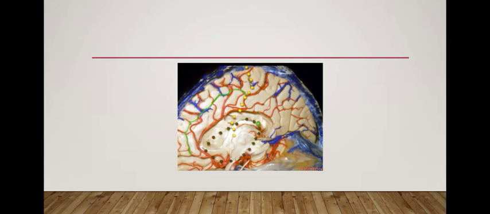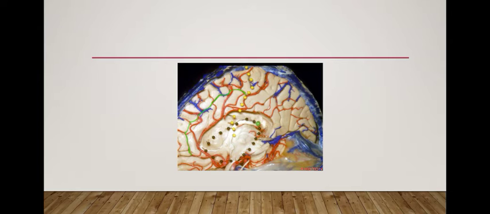Now this green structure that has been highlighted on this picture is the callosal sulcus I described earlier. This is the superior frontal gyrus, so this one would be the callosal gyrus, and in between the superior frontal gyrus and the callosal gyrus, we have got the callosal sulcus.